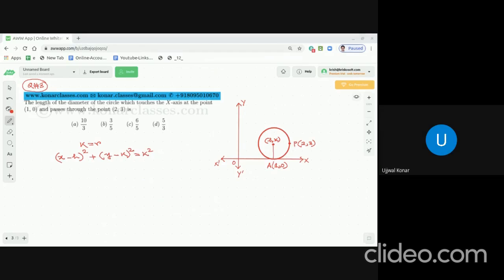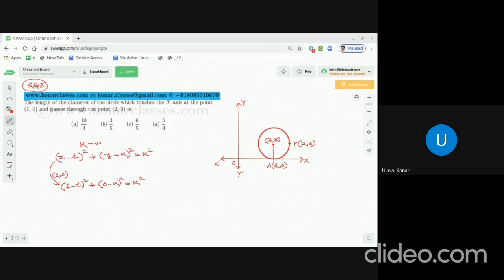Okay. So from here what we can see is that this circle passes through the point (1, 0). Right? As it passes through (1, 0), that means this circle is passing through the point (1, 0). So instead of x we can write 1. So that is (1 minus h) whole square plus (0 minus k) whole square is equal to k square.